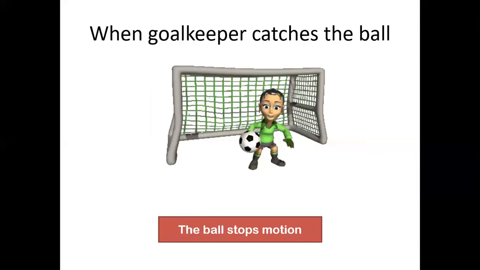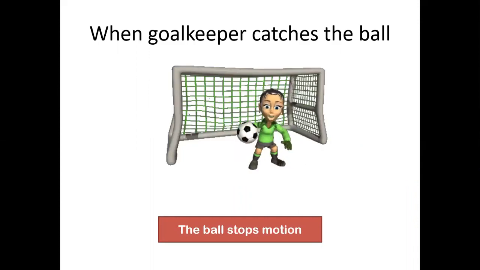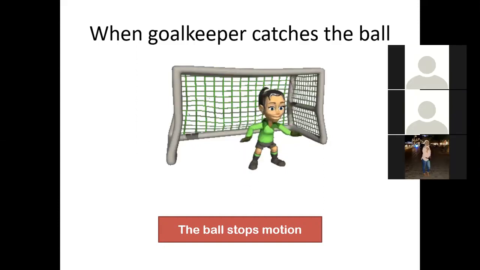The first case, I had an object that is not moving and I want it to move. In this case, the opposite. I have an object that is already moving and I want it to stop. And this happens when you are standing as a goalkeeper in a football match. The ball is speeding towards you and you have to stop it or else it's going to get into your goal. So in this case, you're applying the force to stop the moving object.